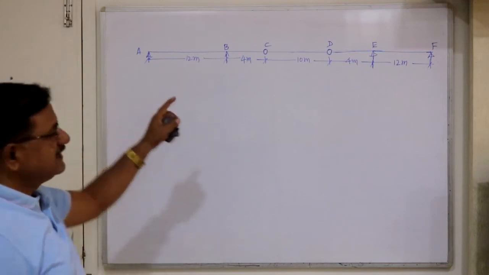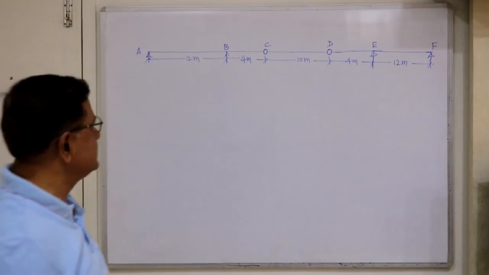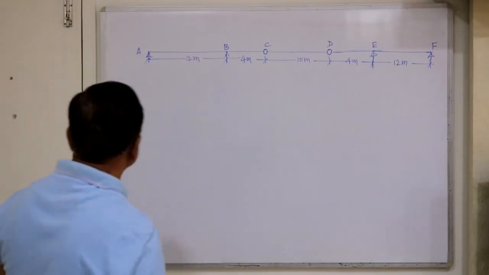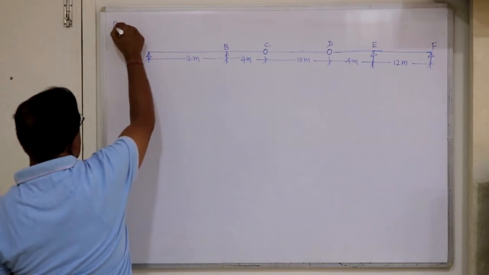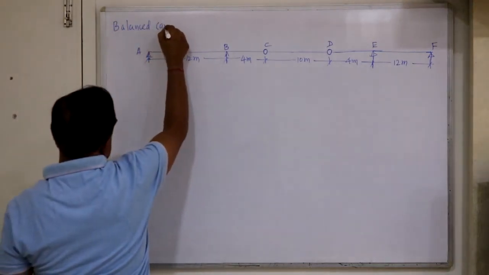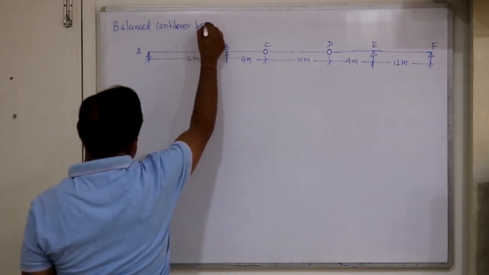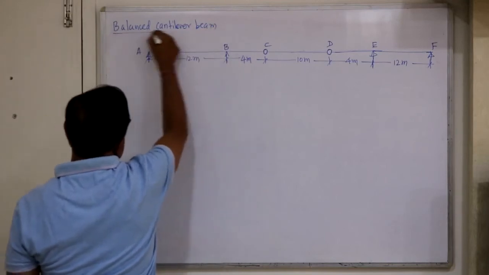Means there are three beams connected to each other by internal hinges at C and D. So such a beam is called a balanced cantilever beam.